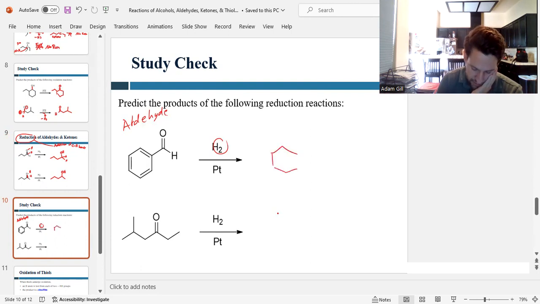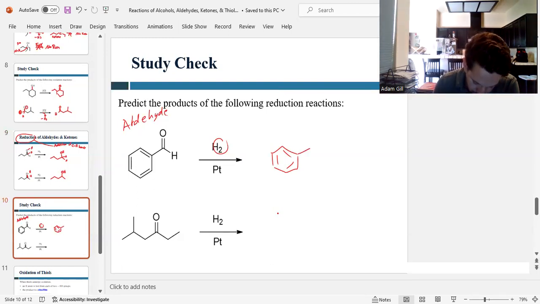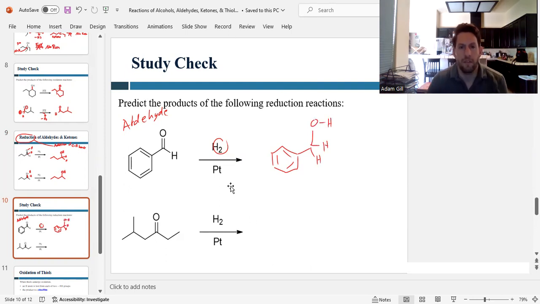Everything else stays the same. The ring is unaffected. And then we would have two new hydrogens attached where the double bond used to be. And so we went back to the primary alcohol.